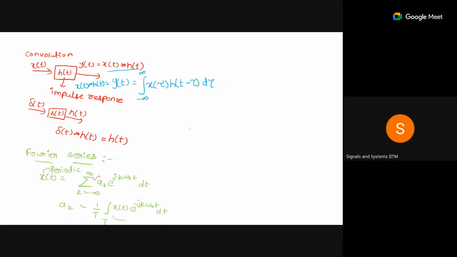It is an inner product; we are finding the inner product. It is for periodic signals, and not only in terms of phasors: periodic signals can be represented in terms of phasors, or as a sum of sines and cosines.